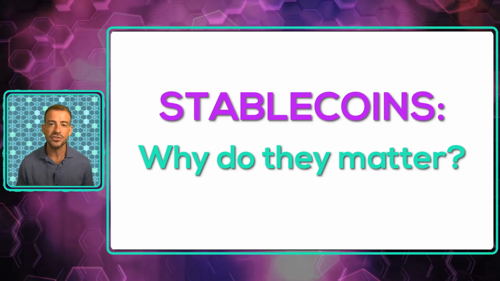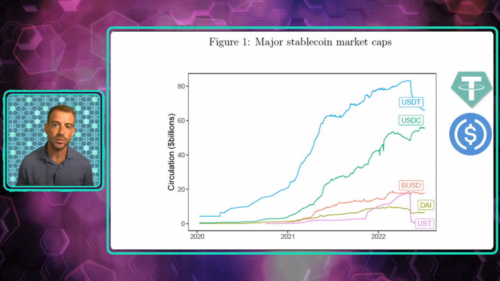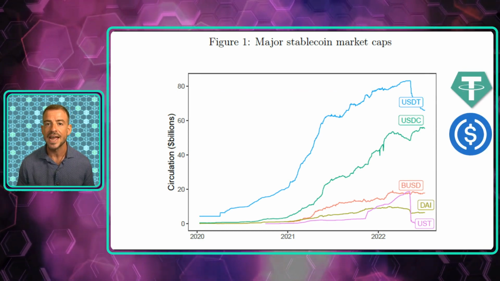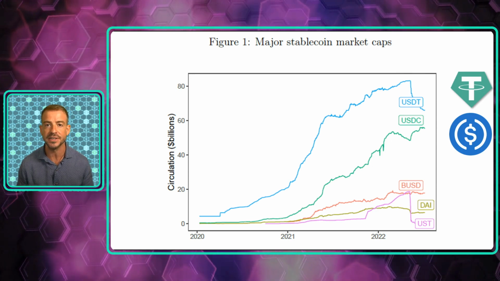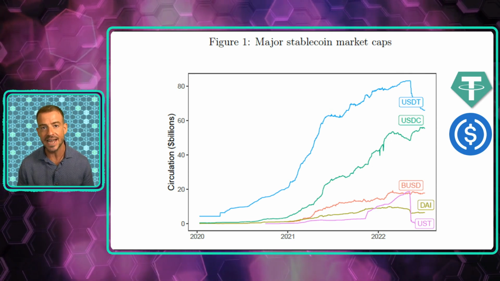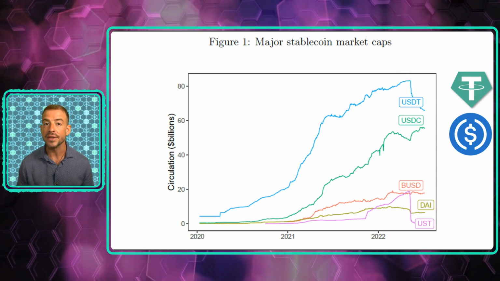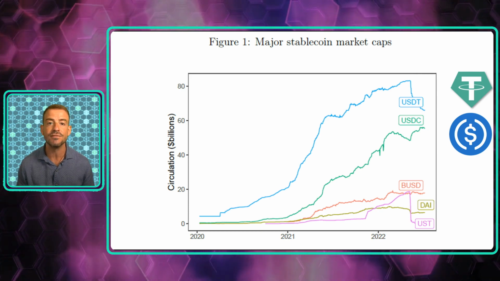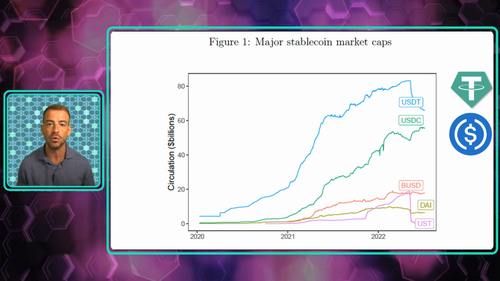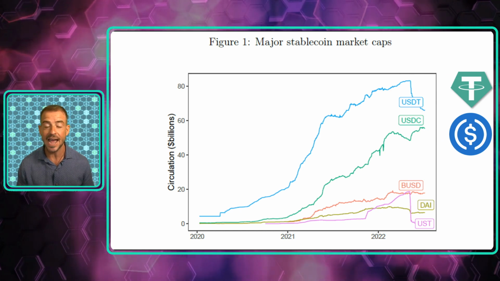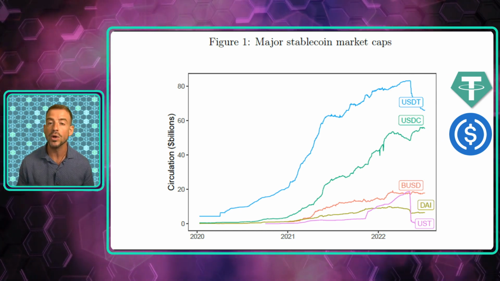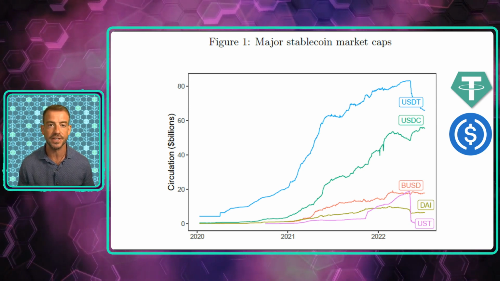In that last video, we took a look at the fiat-funded reserve model for stablecoin issuance and introduced the two leading stablecoins that have adopted this model, USDT and USDC. Both lead stablecoin adoption by a very wide margin compared to all others, as you can see in that chart there. USDT and its parent company Tether will also be in focus for today's video.